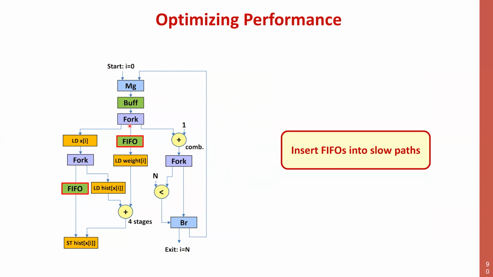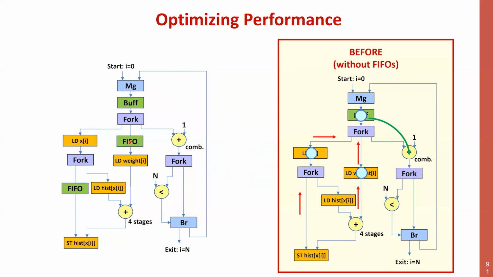We need to put here some FIFOs that absorb these tokens while we wait for things to advance. One can prove that there are exact methods to compute the size of these FIFOs so that you absorb exactly the number of tokens that you need. So you size the FIFO to the extent that it is needed.